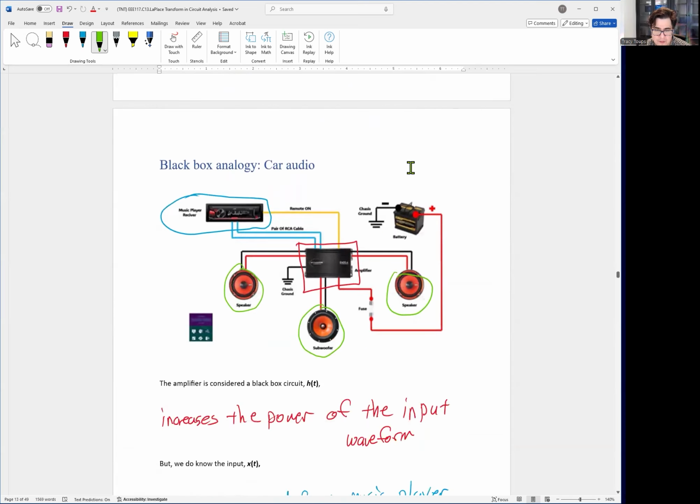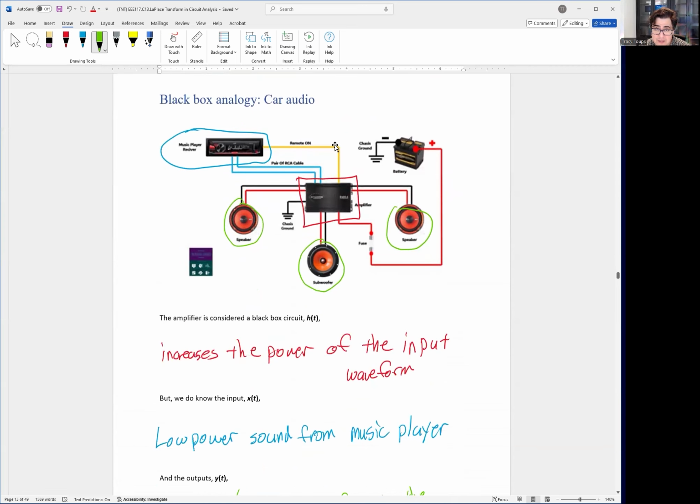Now, here's an example: we have a car audio system. You have the actual music player that you input to. You could change the songs, increase or decrease the volume, right? You are the input to the system. Somewhere in your car, you have an amplifier.